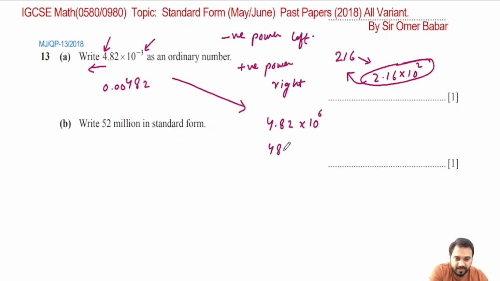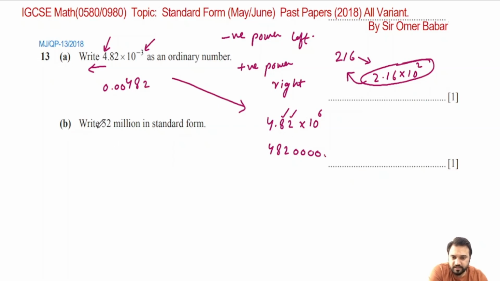So 482, this is the first digit and this is the second digit, and we have to move how many digits? 6. So 1, 2, 3, 4, 5 and 6. After that I can place the decimal point like this. So this is our standard to ordinary notation form.